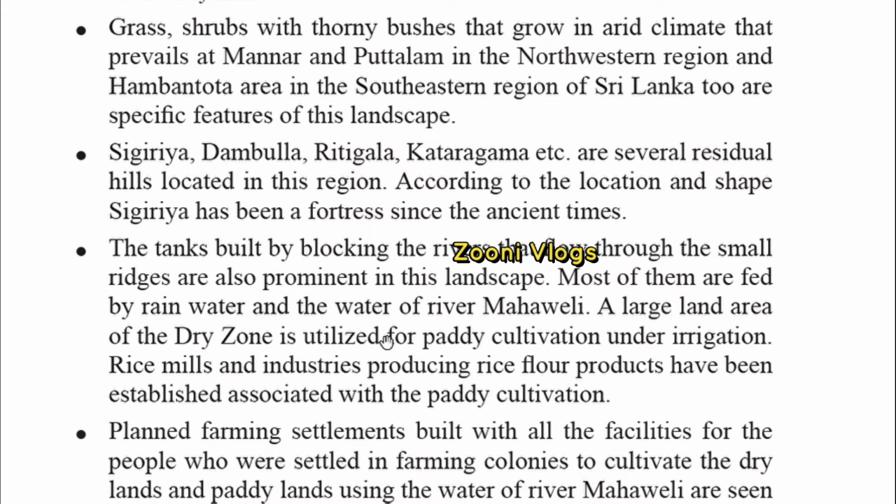They made tanks to collect water for the paddy cultivation under the irrigation. So rice mills and industries producing rice flour products have been established associated with the paddy cultivation.